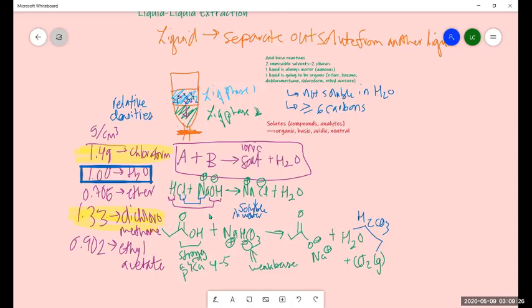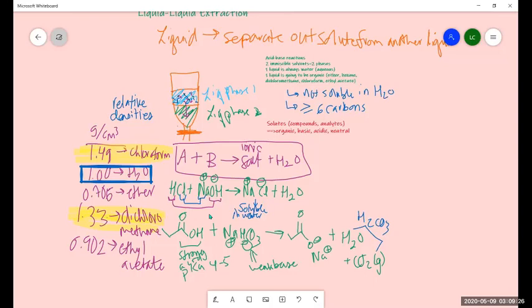But then you remember that when you're doing the extraction, you had, for instance, 3 compounds you wanted to remove. So just remember that there are other compounds in here. I'm drawing one in black, and one in rainbow pen. Let's just say there's blue stuff in here too.